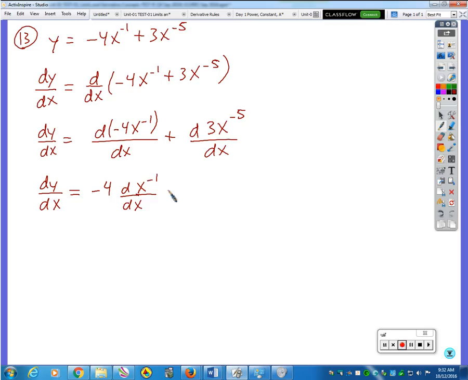And then you're going to do plus d over dx of 3x. Let's simplify that one too. So then you're going to do 3 d over dx of x to the negative fifth.